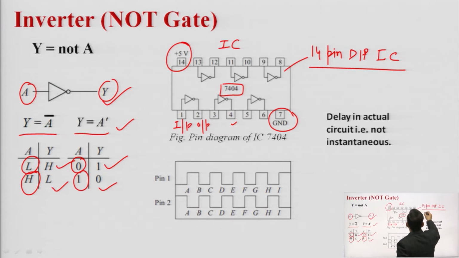So in this particular IC, we have 6 NOT gates.